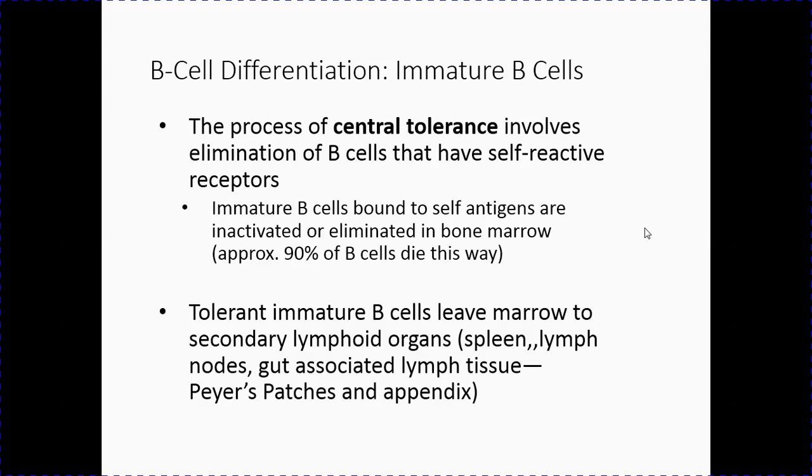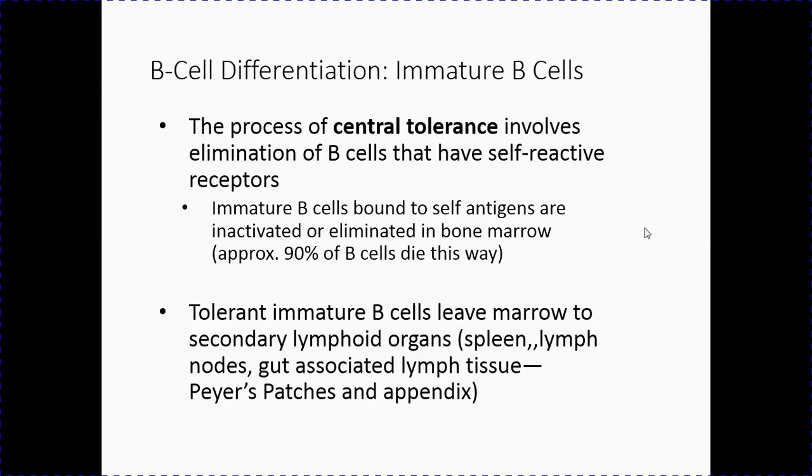But for today, let's just remark that immature B cells are being educated, and we're looking to see which ones are going to not respond to self-antigens in a process we call central tolerance. Those tolerant immature B cells, the ones that don't respond to self-antigens, are the ones that leave the bone marrow and go out to the secondary organs.